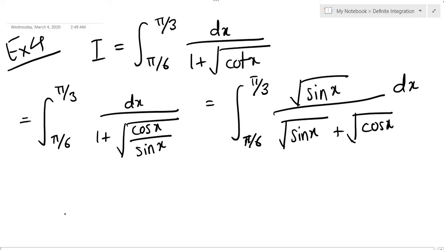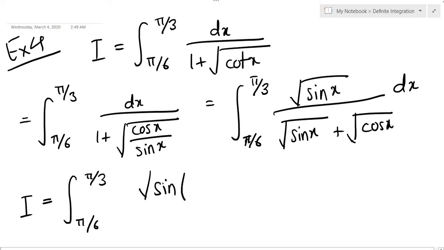Well, now looking at it, we can actually use properties. So let's again call this I from pi by 6 to pi by 3 by property number 3. Instead of x, I'm going to write upper limit plus lower limit, pi by 3 plus pi by 6, minus x.